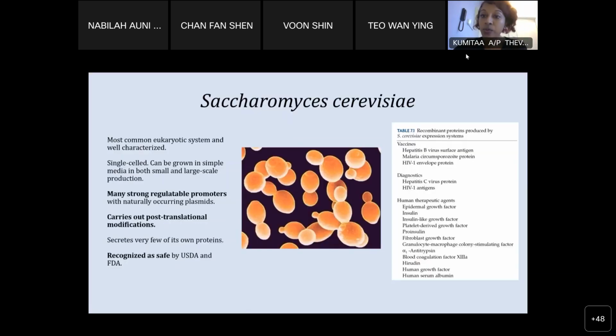One of the most common yeast used in recombinant protein expression is Saccharomyces cerevisiae. If you look at table 7.1 here on the right, lots of recombinant proteins have been produced by the cerevisiae expression system, including different vaccine antigens and proteins for diagnostic purposes and therapeutic agents, for example, epidermal growth factor and human growth factor, which someone pointed out they were interested in producing as a recombinant protein.